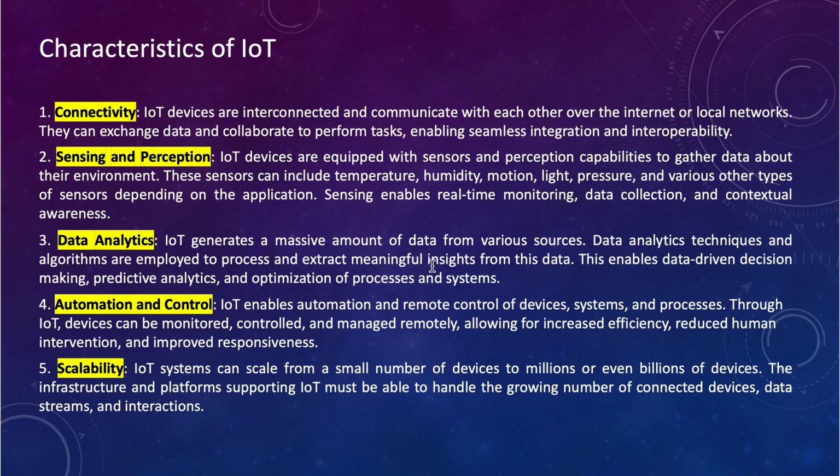In this case we are only taking weather monitoring IoT devices, and even in that, it's not one set; there are several topics to cover: wind, temperature, humidity, and so on. Let's say 1,000 weather monitoring locations will be feeding data into the cloud. Data analytic techniques and algorithms are employed to process and extract meaningful insights from this data.